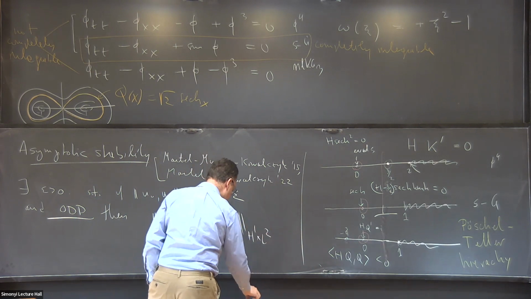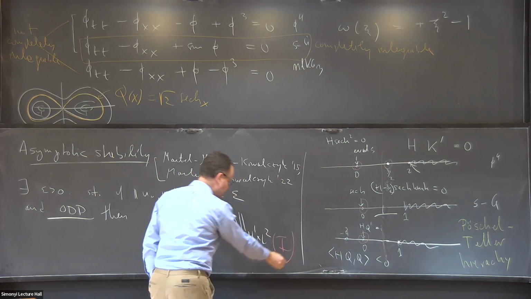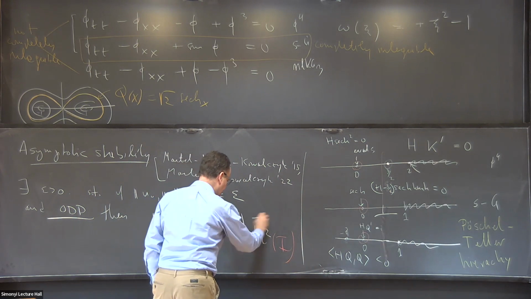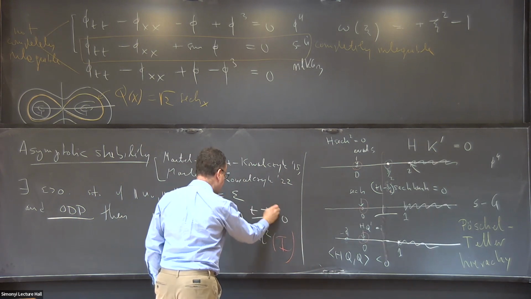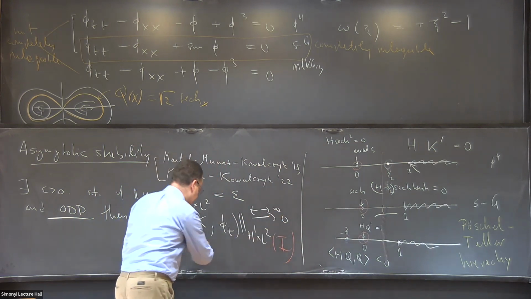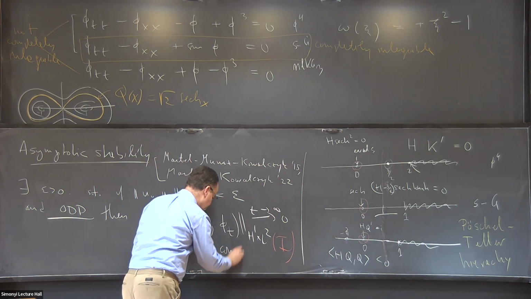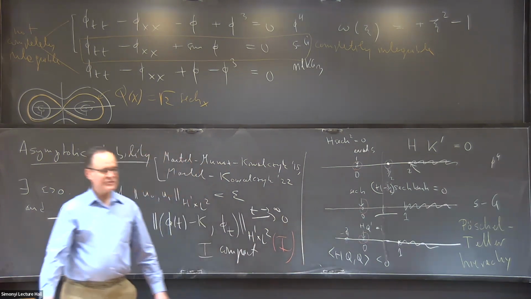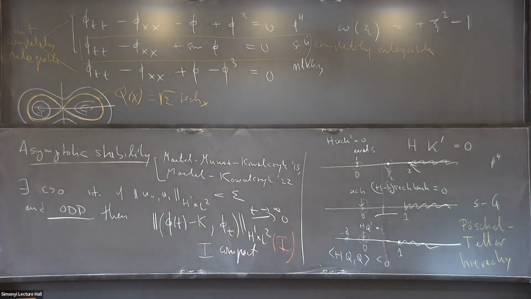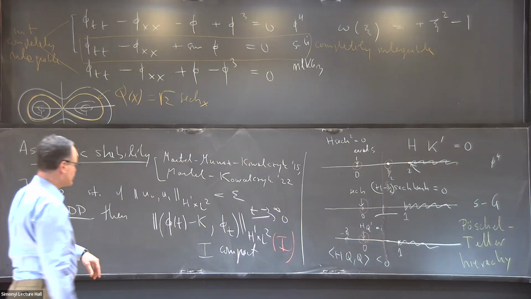But in red, I cannot emphasize this enough, on a compact interval, it tends to 0 as time tends to infinity. Of course, this is false if I is the real line, because the energy is conserved. The distance is not going to shrink.